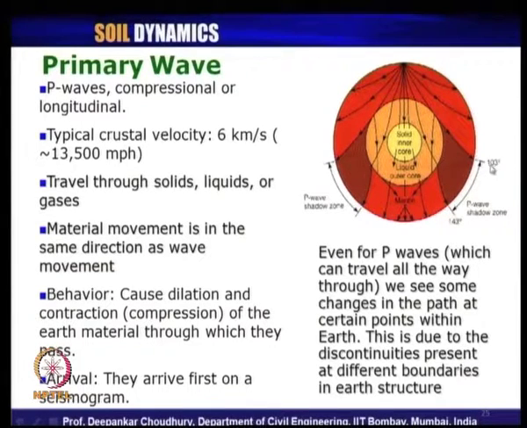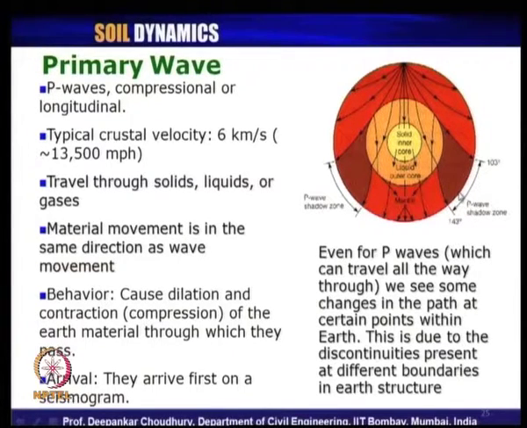But we have seen there is a particular zone, and that zone's dimension is 103 degrees to 143 degrees approximately, that is called the P wave shadow zone. What is the meaning? We have seen that because of the boundary reflection and refraction of this P wave from the mantle to the outer core, some portion of the P wave cannot arrive in a particular region, and that region is within this angle, called the P wave shadow zone.